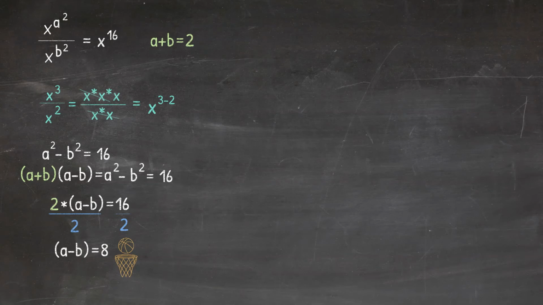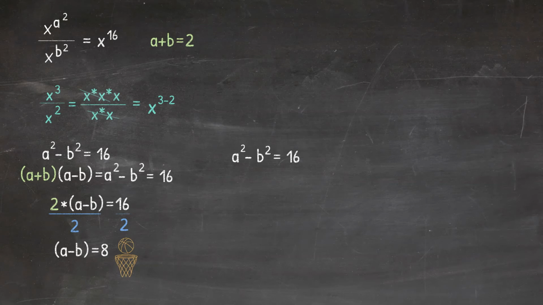Now let's say you did not recognize this one of the 3 special cases of multiplying binomials and weren't able to factor it. What does that mean? Well, you can do it your own way, and let's consider one of them. By the time we realize that a squared minus b squared equals 16, we will have 2 equations that we can work off each other.